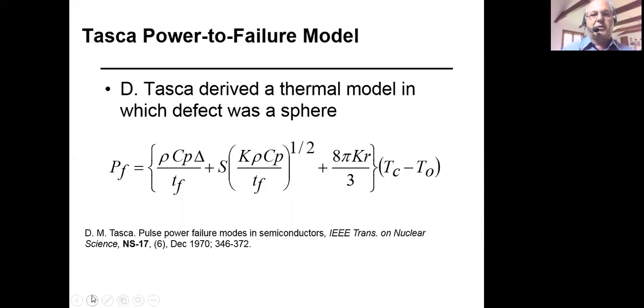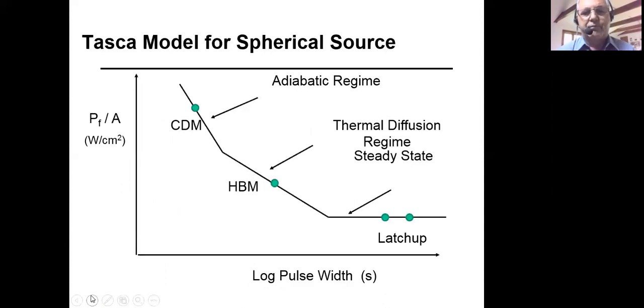This is an example of the equation associated with Dante Tasca's model, and you can see in the parameters the power to failure. It's inversely proportional. There's three terms: a volumetric term, a surface area term, and a time-independent term. And this leads to three physical kinks in the power to failure over area versus log pulse width.